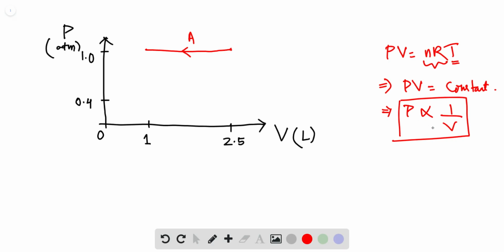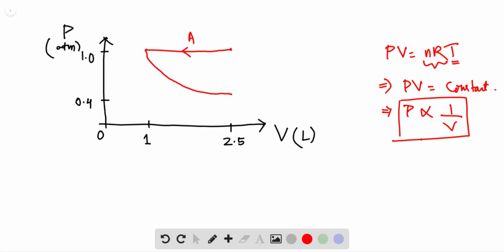Since volume is increased by a factor of 2.5 in this process, the pressure must decrease by a factor of 2.5. The pressure must be divided by 2.5. So let's draw the segment simply. The path should look like this, since we have pressure inversely proportional to volume.